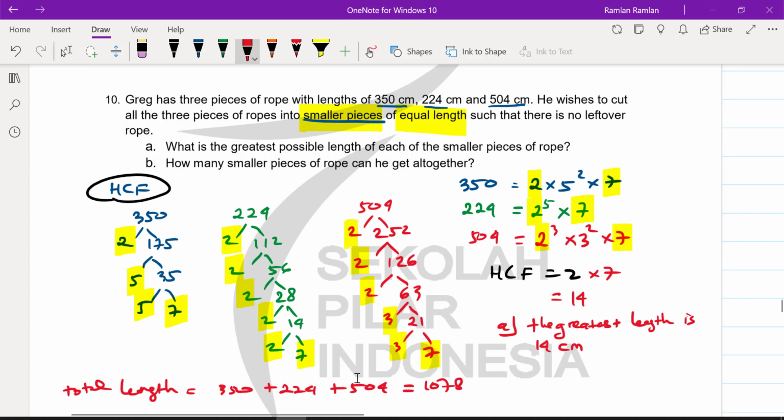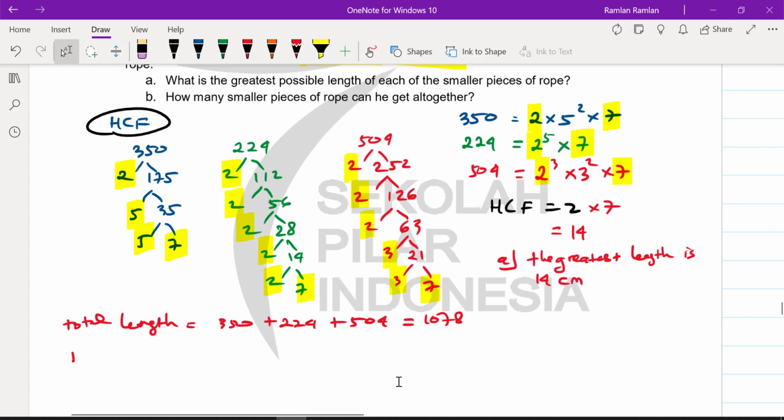So to answer question B, the smaller pieces are just 1078 divided by 14. Since you are allowed to use the calculator, just use the calculator, and that will be equal to 77. Then again, you need to write down the sentence.